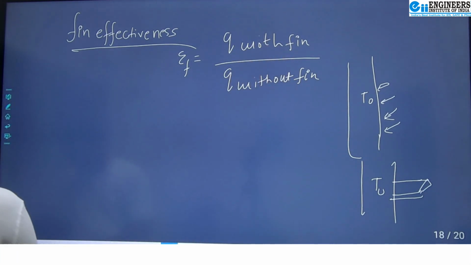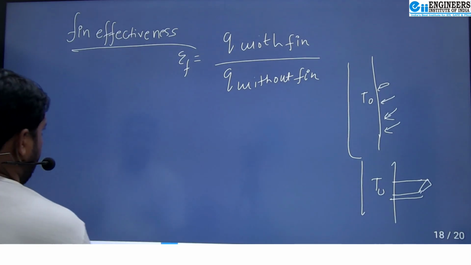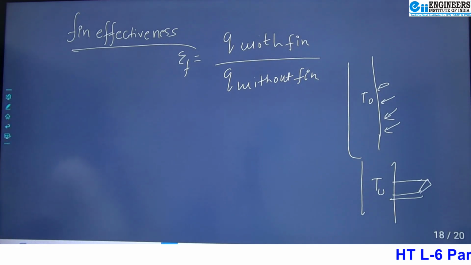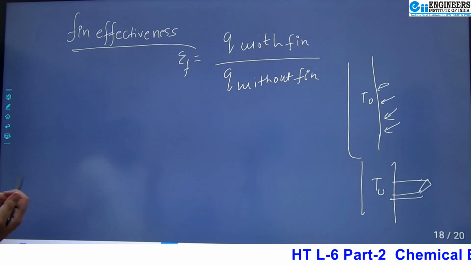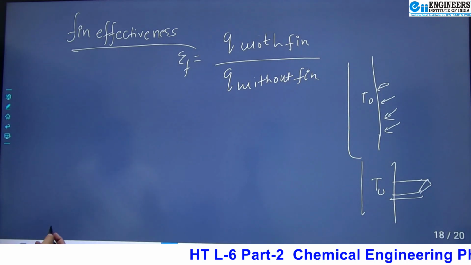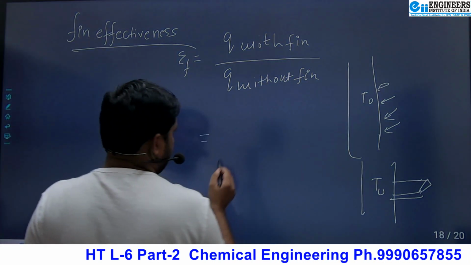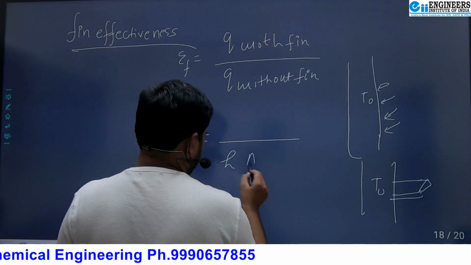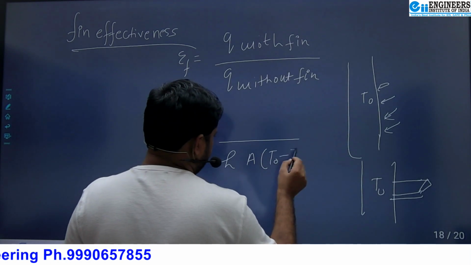So this is our formula for finding the fin effectiveness. There is a formula for case 1, case 2 or case 3. Without fin it is well known: the heat is hA delta T, that is hA (T0 minus T infinity).